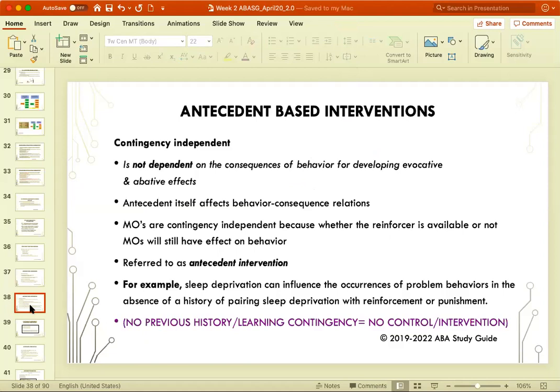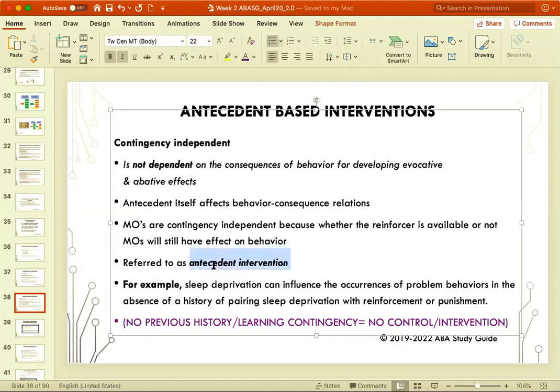The antecedent itself affects the behavior-consequence relations. So these are known as antecedent interventions. I can't necessarily imagine a question on the exam that's going to trick you by saying antecedent intervention or control, but just know that I have seen things about contingency independent or contingency dependent antecedent-based interventions.